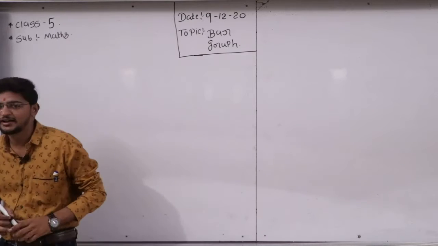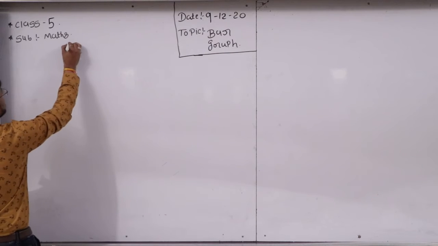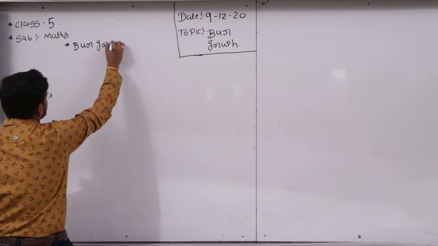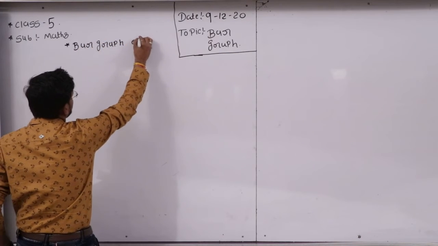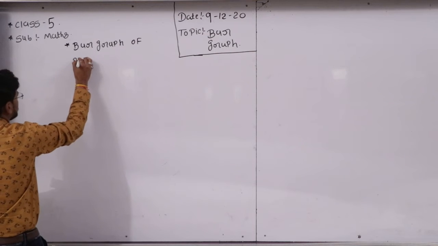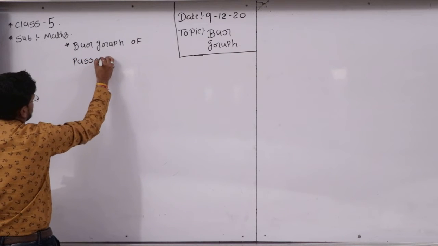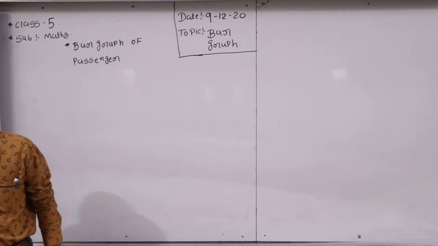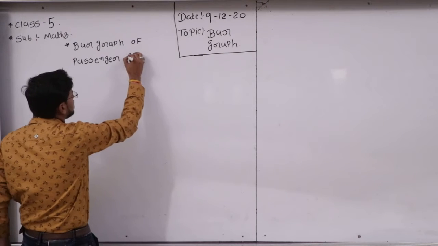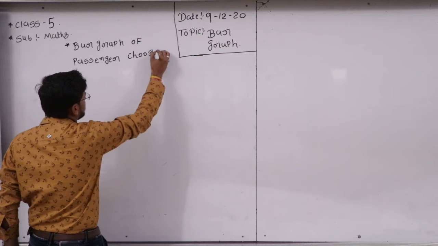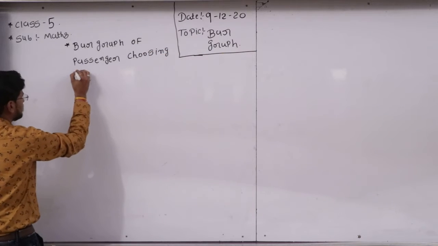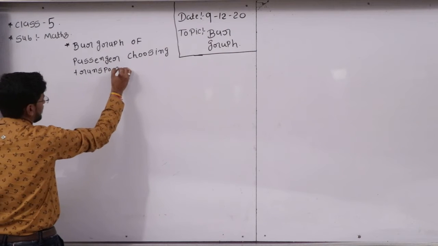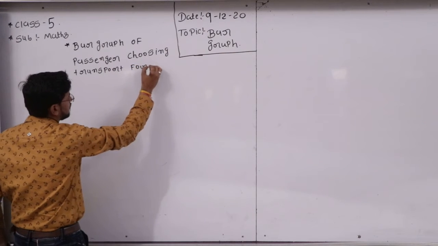So first we write down here: bar graph of passengers choosing a transport for travel.